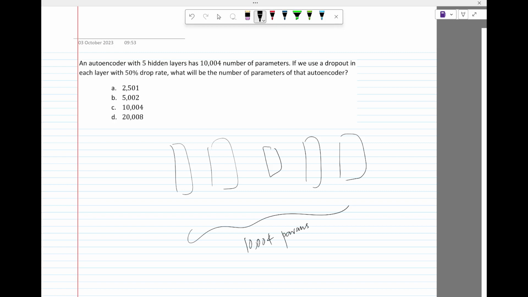That means out of the connections from this layer to each of the neurons in this layer, while training you're randomly zeroing 50% of the connections. You're not considering 50% of the connections. That is what dropout does, right?